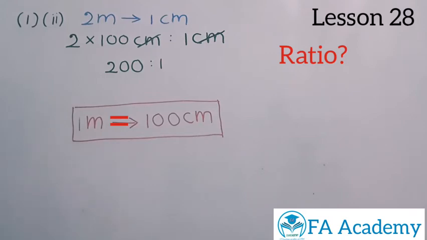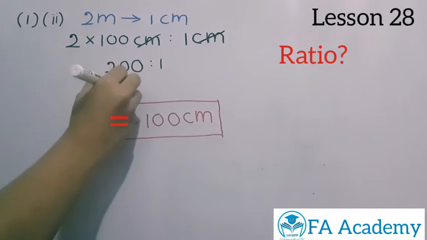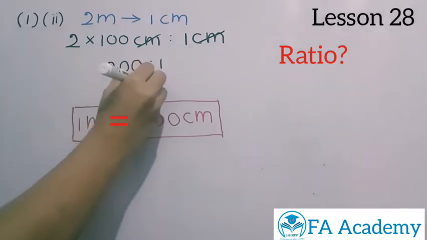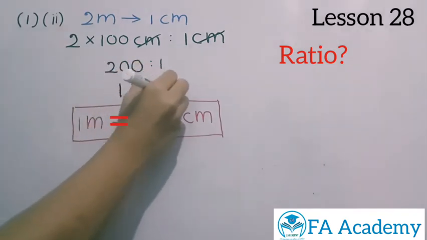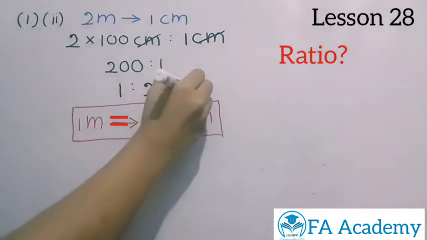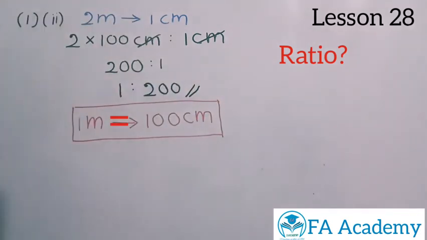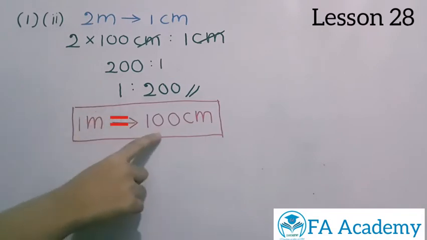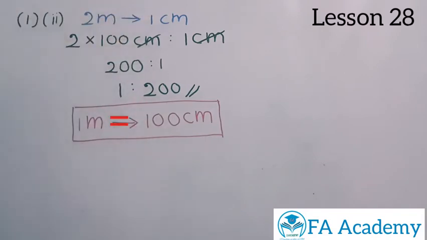The given scale means the scale which you are drawing in the book should be written in front, and then the actual scale should be written at the back. So what's the correct answer? 1 to 200. So the final answer should be 1 to 200 ratio. So you got the answer for this. So you should know this conversion first, then it will be easy to get the final answer.